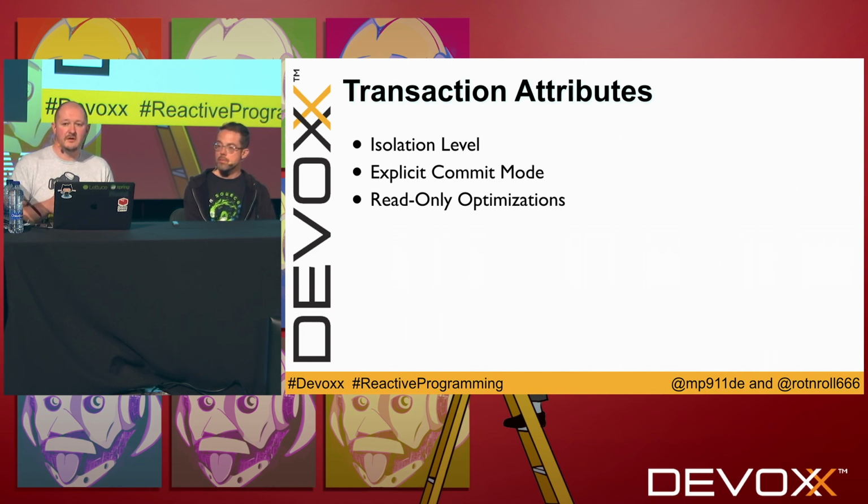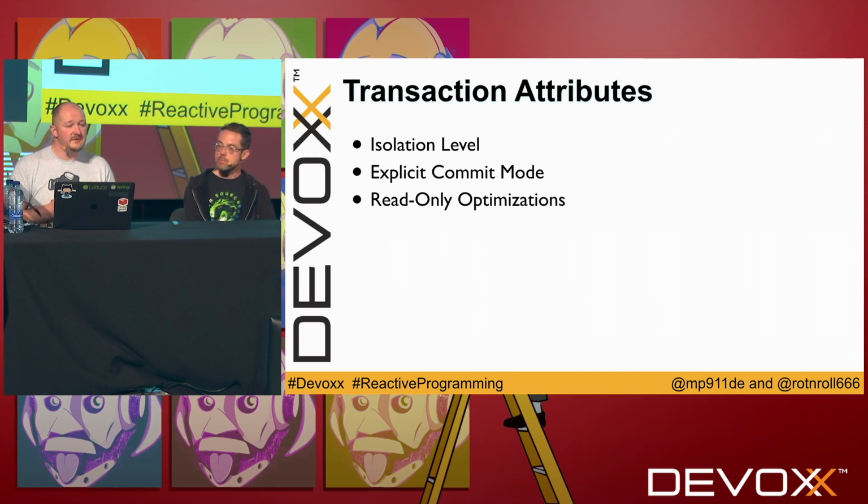Or we can take a lower isolation level and say, okay, I want to read uncommitted, which is no isolation at all. So I'm able to look into a state of an ongoing transaction without that transaction having to be committed. We have this explicit versus auto-commit mode.